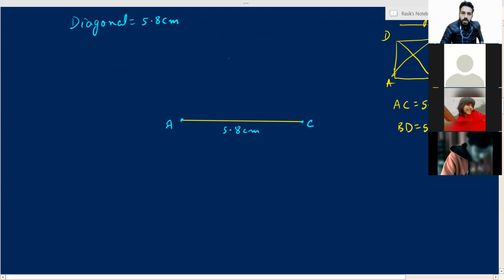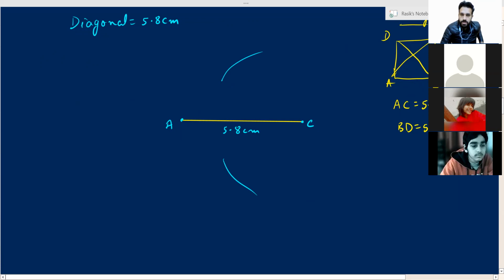Okay, so now after doing this, you will keep your compass at point C. Everyone, first look at the board. I will give you time to construct. Keep your compass at point C and draw an arc here and draw an arc here, both the sides. Okay, and then again without changing the radius. Now you cannot change the radius.